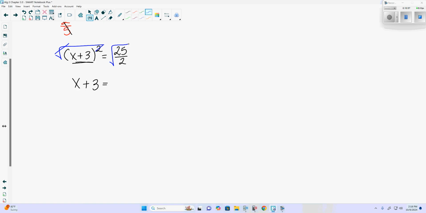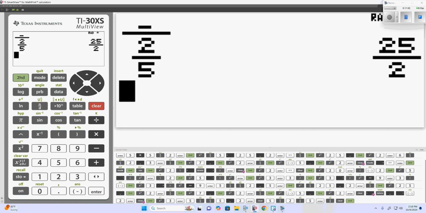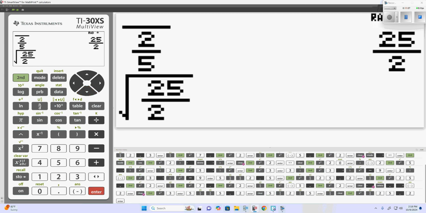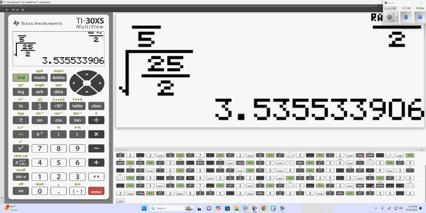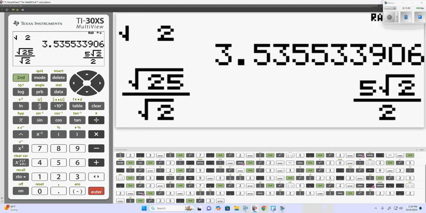So I take the square root of 25 halves. Second, the square root of 25 halves is... So, the calculator won't simplify it as a whole, but... All right, guys, let's focus in.